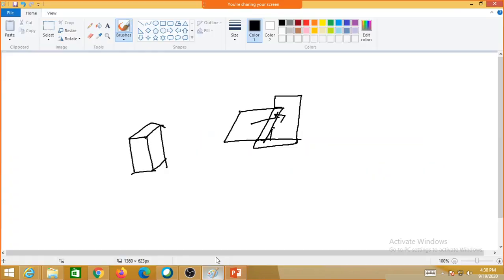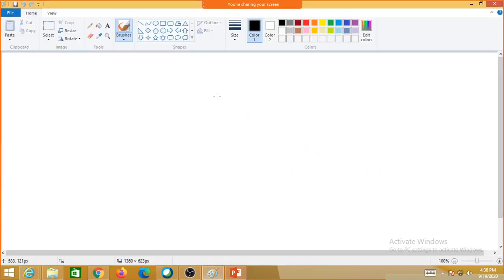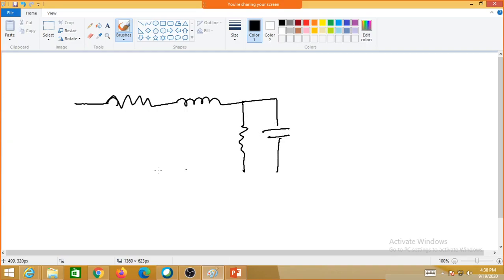So a general transmission line will have a resistance, an inductance, a conductance and a capacitance, and these are distributed over the complete line in transmission line theory.